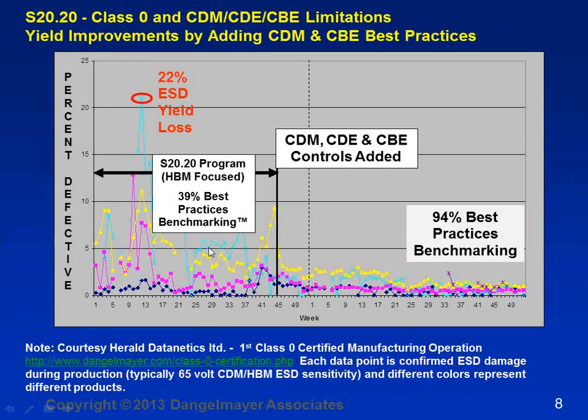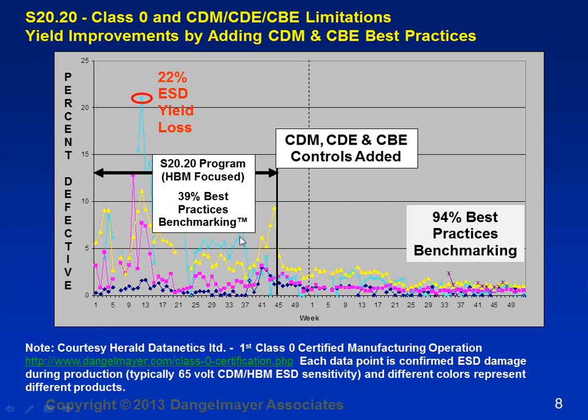Here is objective evidence of the need for that customization. What we're looking at is yield information from manufacturing, and each data point is confirmed ESD damage within the manufacturing process. Each colored line represents a different product.